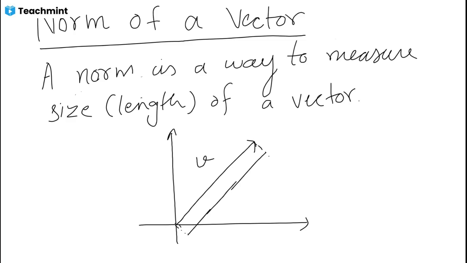This length is said to be the norm of v. So this is a way to measure the size of a vector. We have mainly three types. First is L1 norm.